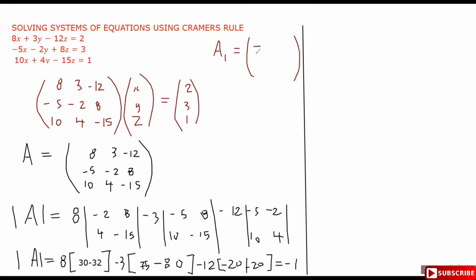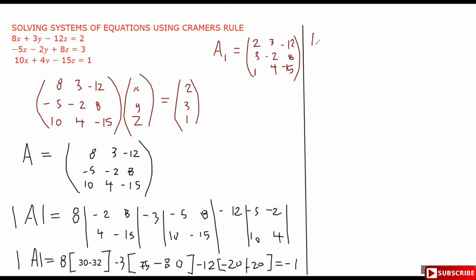So we're going to put 2, 3, and 1 right here. And then write back the other coefficients. So the other coefficients are 3, minus 2, and 4. And this is now minus 12, 8, and minus 15.